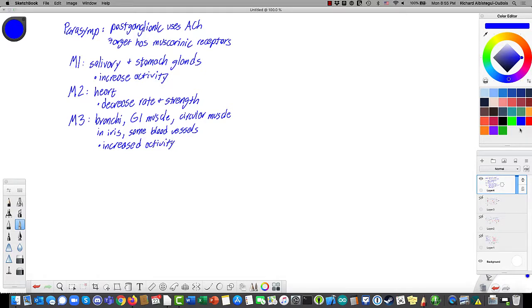So sometimes that's a little bit unintuitive. If we've got a blood vessel with muscle in its walls, so muscle going around the wall, if I increase activity and make that muscle contract, what's it going to do to the blood vessel? Yeah, when that contracts, it's going to make the blood vessel more narrow.